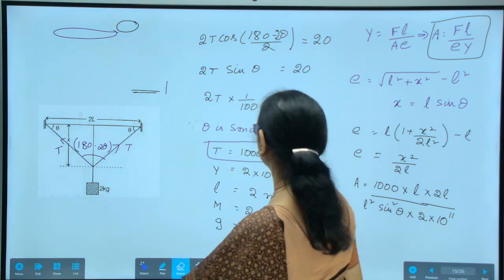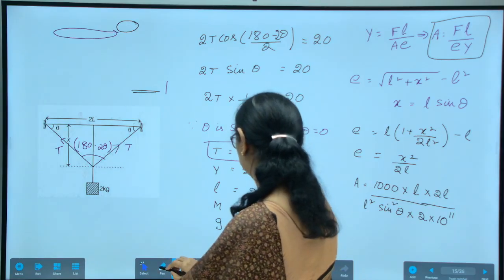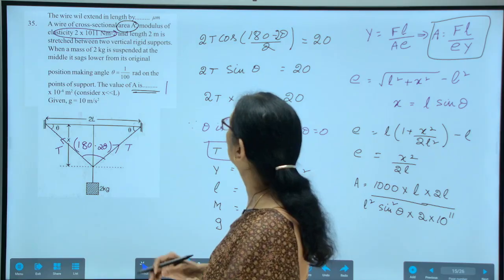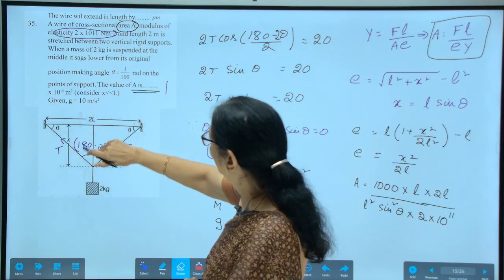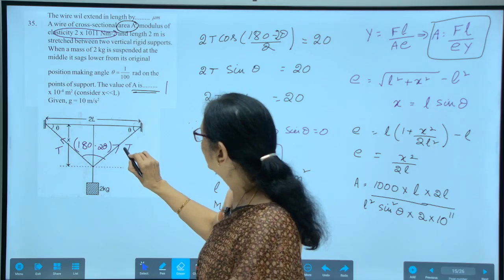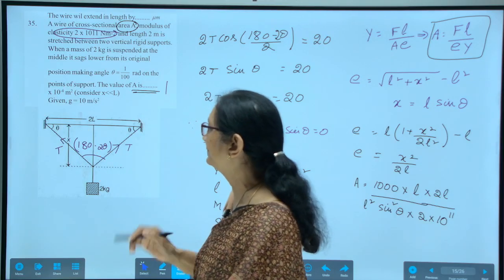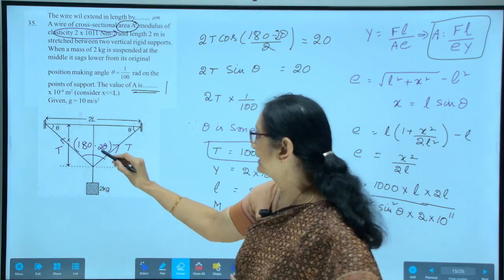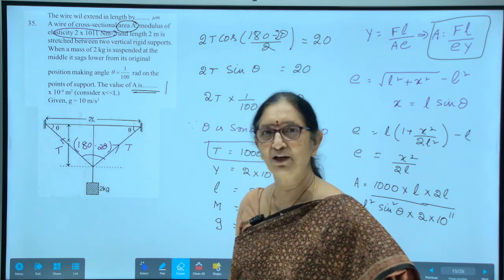So look into that question now. Here this is tension T, this is tension T, as both of them make the same angle with the horizontal, isn't it? Same wire, exactly at the center, the load is attached.